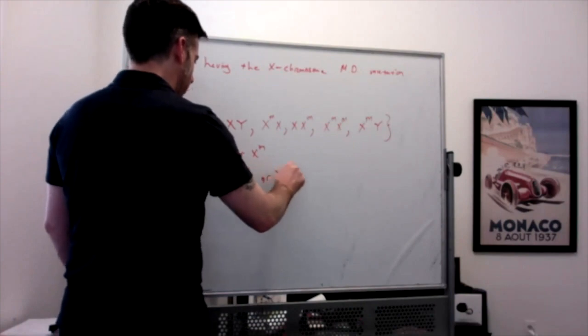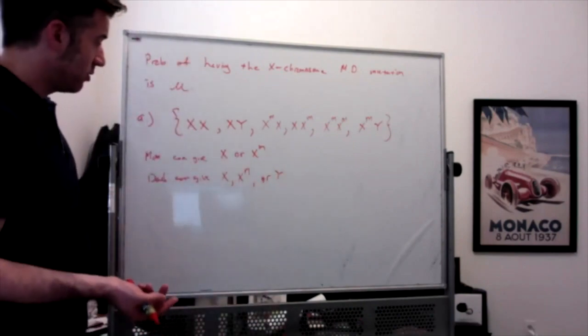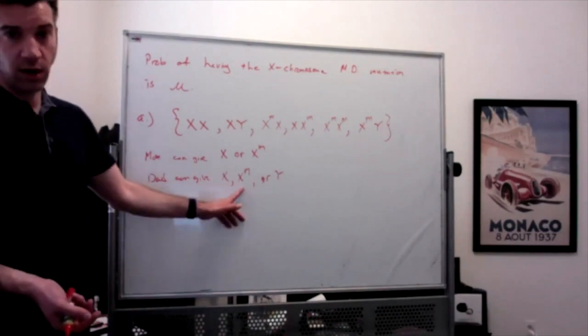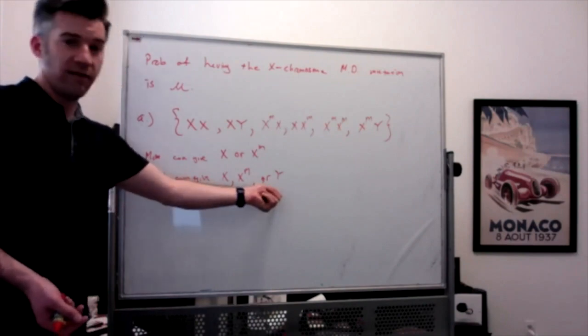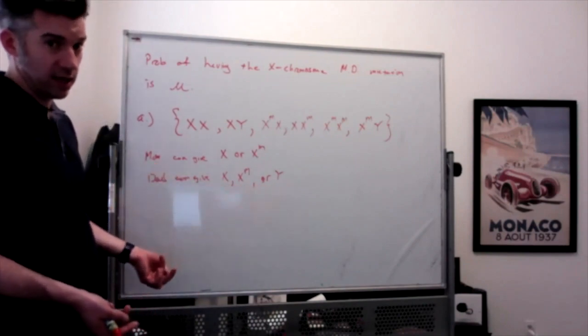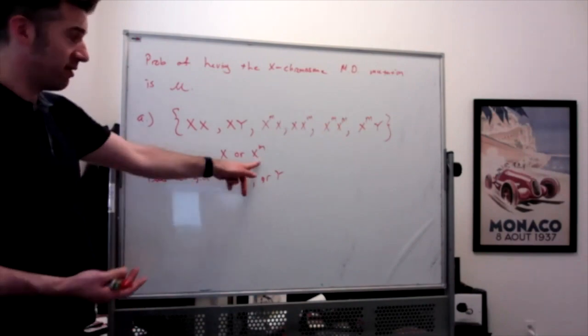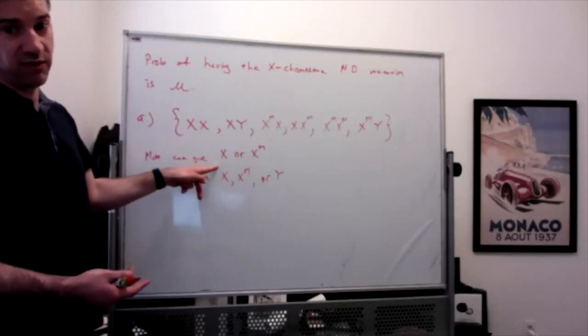So depending on if the dad has it or not, he might be giving that, or he might be giving that. If he has it, he can give that or that. If he doesn't have it, he can give that or that. Same thing with the mom, right? If she has it, she gives that. If she's a carrier, she can give that or that. If she doesn't have it, she can give that.